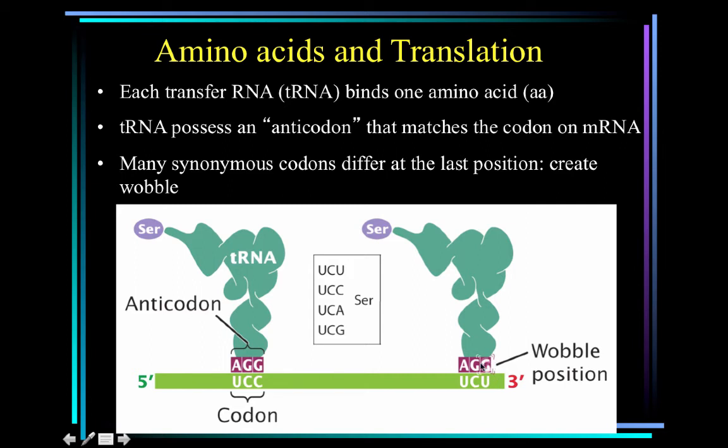And this creates a wobble effect because this transfer RNA has the ability to recognize either a G, a C, an A, or a U. It doesn't matter, because it's going to be matching up with serine and bringing serine in. So it really doesn't matter what this third position is as long as it's one of these four total codes.